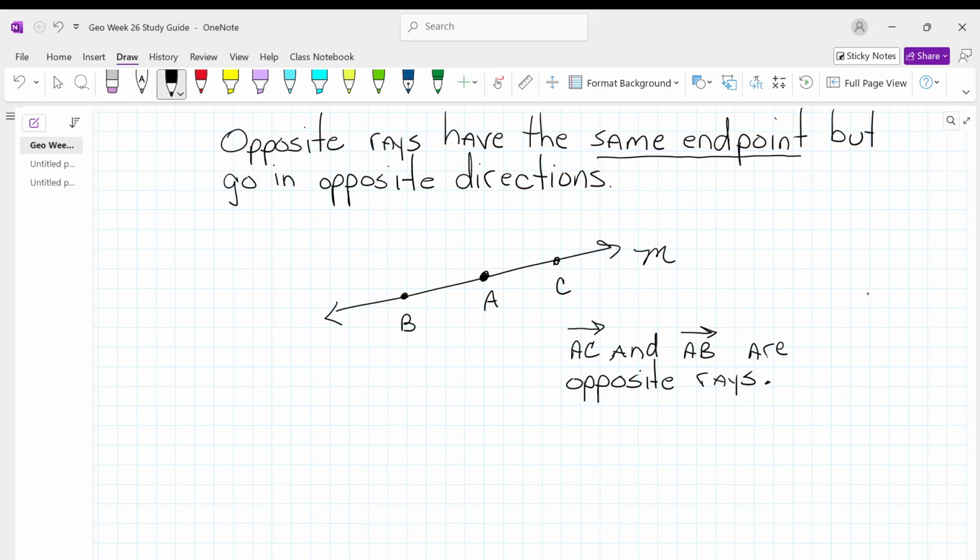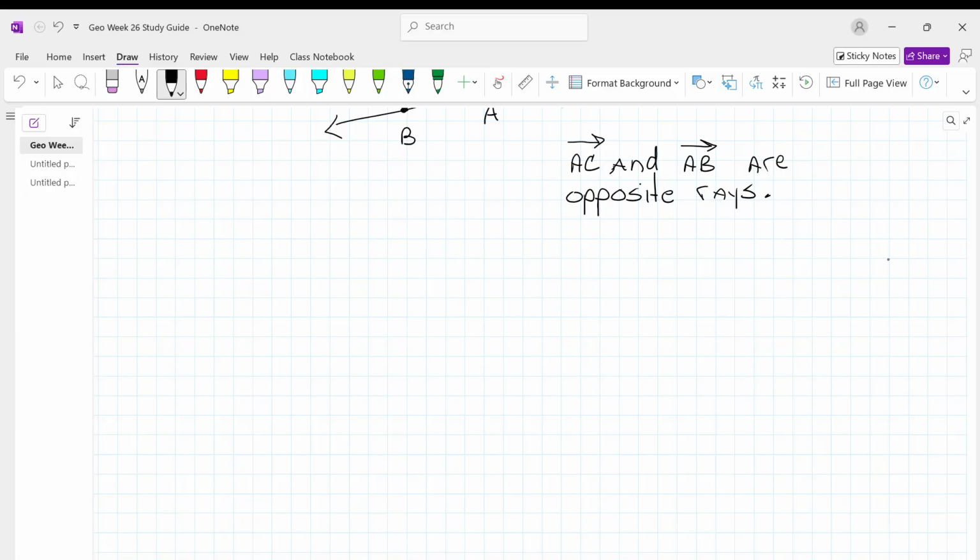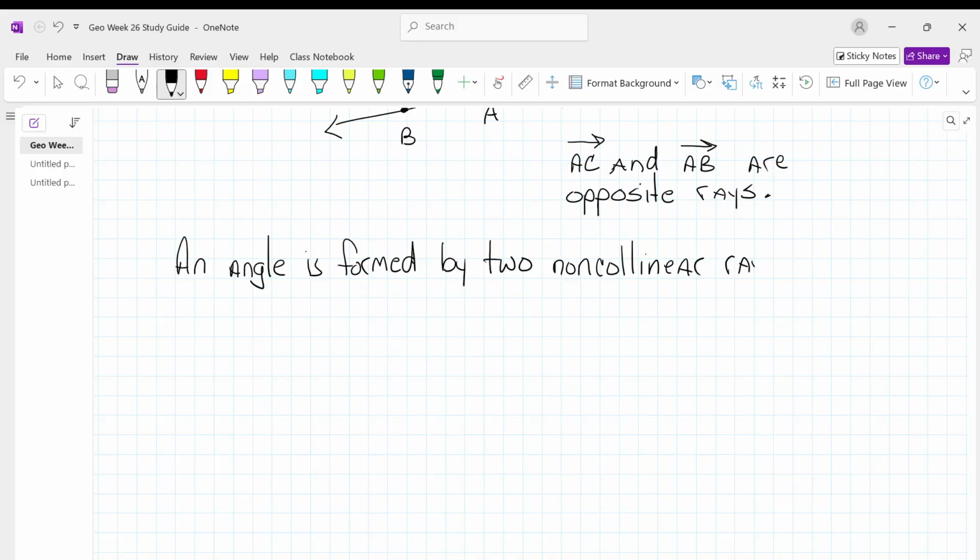All right, then moving along, we've got an angle. An angle is formed by two non-collinear rays that have a common endpoint.